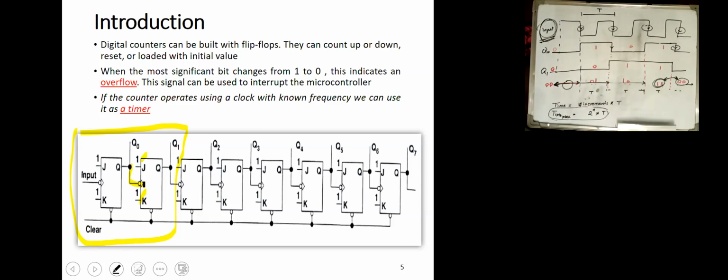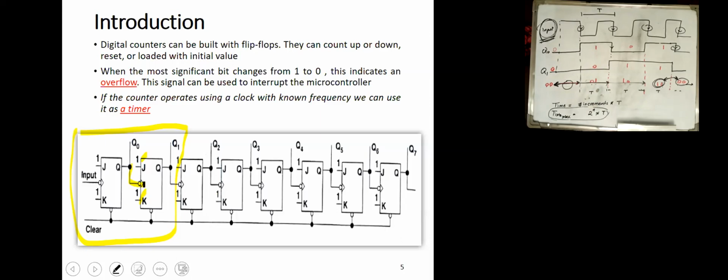We cannot measure something less than a second, let's say in our mechanical watch. So it is 1 second, 2 seconds, 3 seconds. And whenever the seconds counter reaches 60, we increment the minute counter. When the minute counter reaches 60, we increment the hours counter, and so on. So this is basically the structure of counters. This is one way to construct a timer.